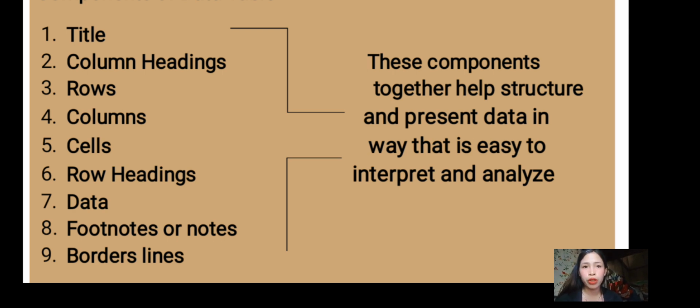And the last is border lines, visual separators that delineate the table structure, making it easier to read and interpret the data. So, these components help structure and present data in ways that are easy to interpret and analyze.